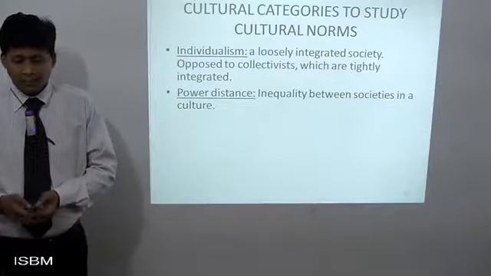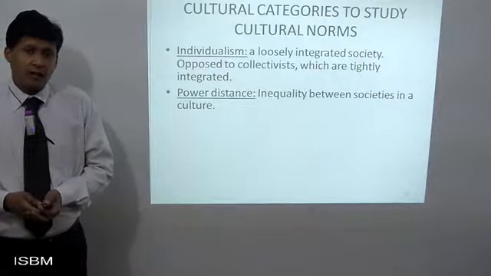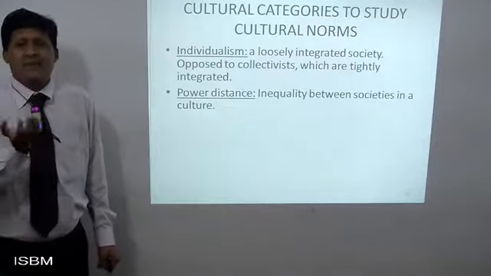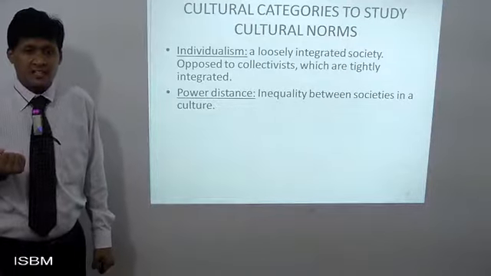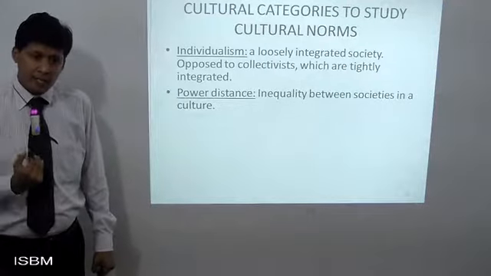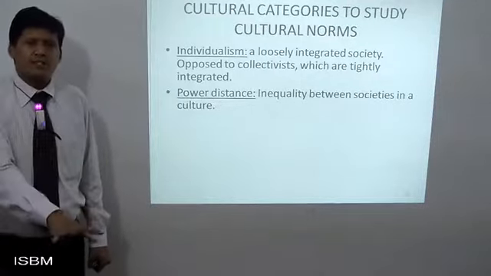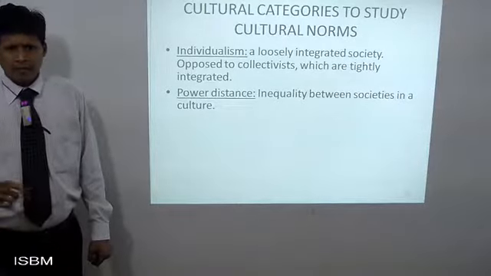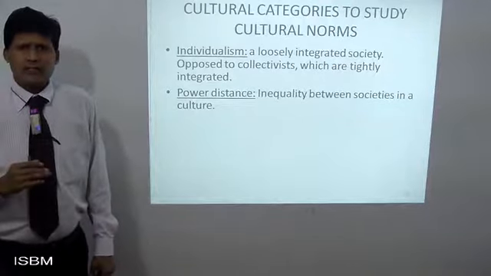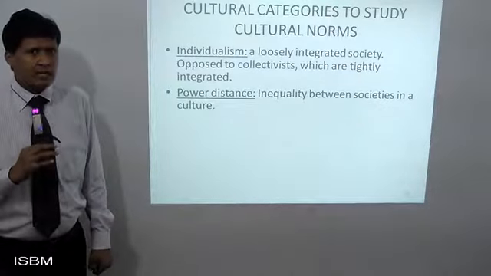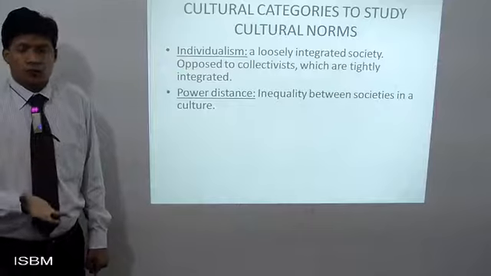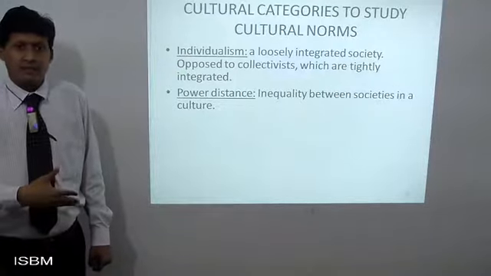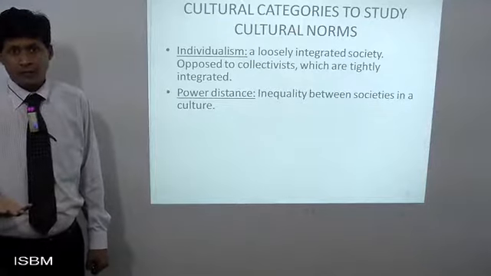For example, in certain countries, the higher you are elevated in designation, it is assumed or believed that you should keep distance from people of lower hierarchy. For example, a CEO of an organization need not talk, or has to talk less, to perhaps an operator. Power distance, and that's a belief, it's a part of culture.